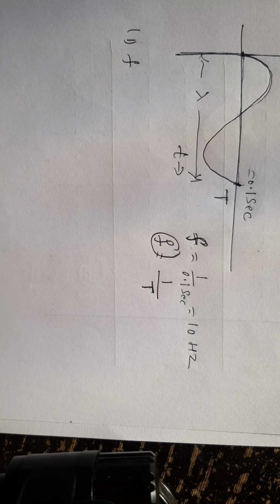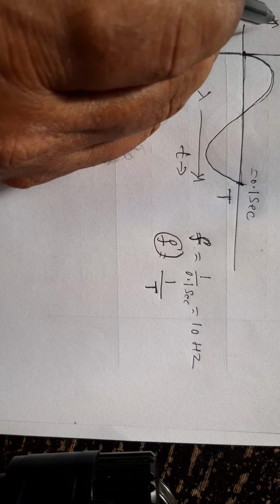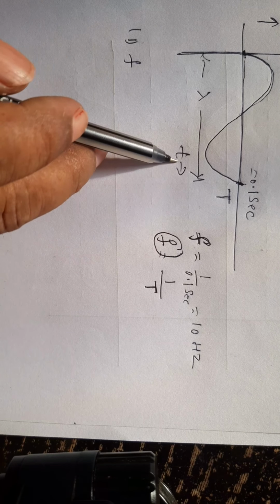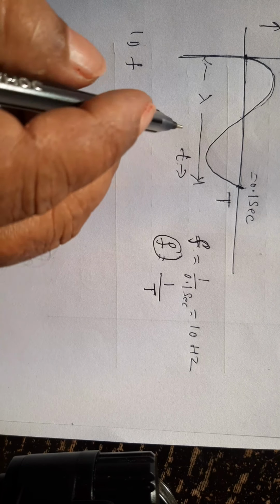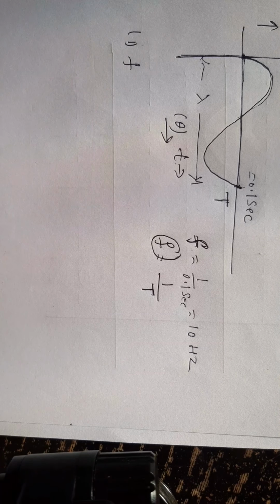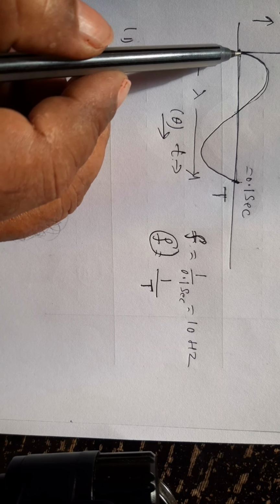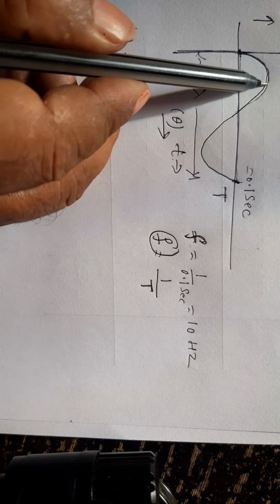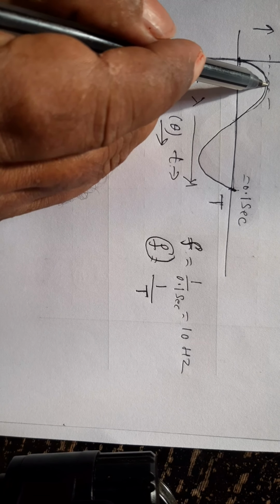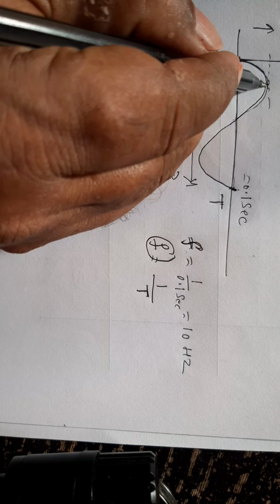Let us come to the next. You see, if you take this as a voltage axis and the x-axis as a time axis, sometimes the x-axis is also considered as an angle axis. The voltage at this point is 0, gradually increases and reaches the maximum value at this point. This is the maximum value.